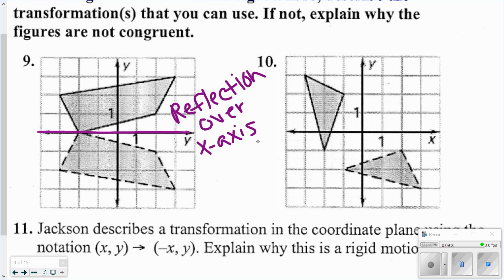Now number 10. Number 10, there's going to be 2 rigid motions to make these triangles congruent. Well, they are congruent to make this triangle look like this triangle. So the first one is going to be a rotation.